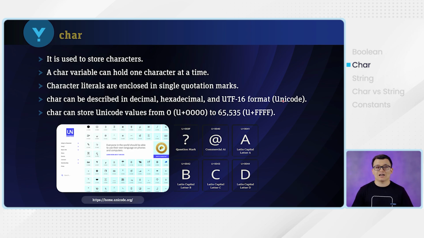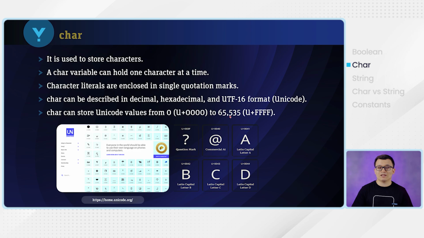Because if you look at the ASCII table, every single character has those values: decimal values, hexadecimal, and Unicode. Okay. And the char, it can store the Unicode values from 0 to 65,535.